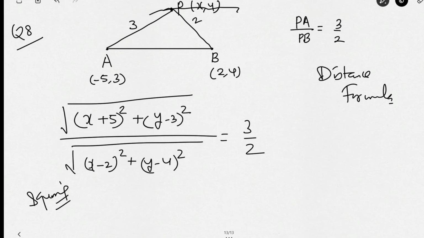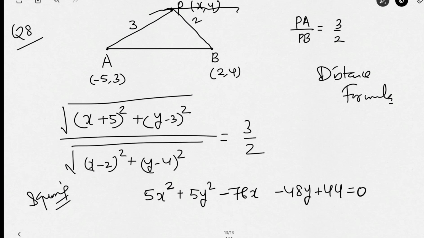Finally you will get the answer. I'll give the final answer and you can match it. 5x square plus 5y square minus 76x minus 48y plus 44 equals 0.